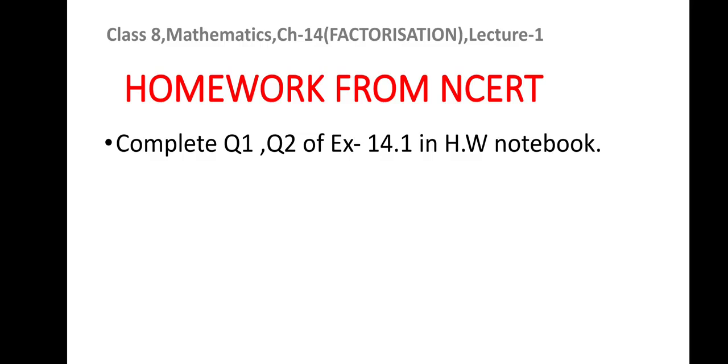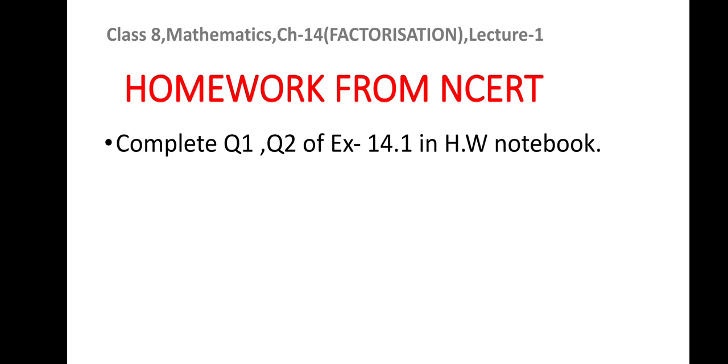So, dear children, in this lecture, we have learnt the definition of factorization. What do you mean by factorization? The process of finding 2 or more expressions whose product is the given expression is called factorization. And we have learnt two methods of finding factors.